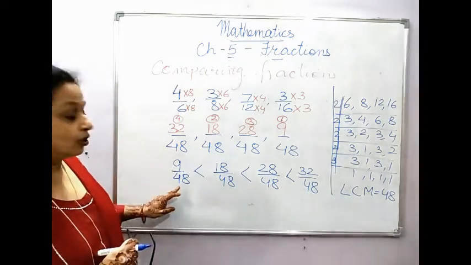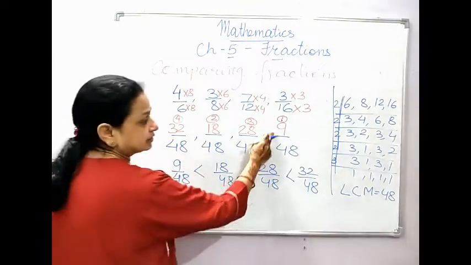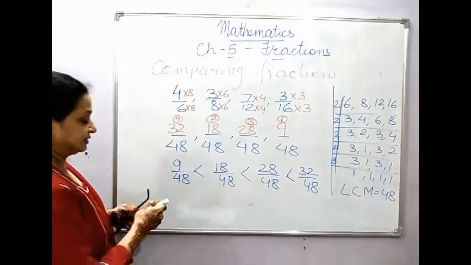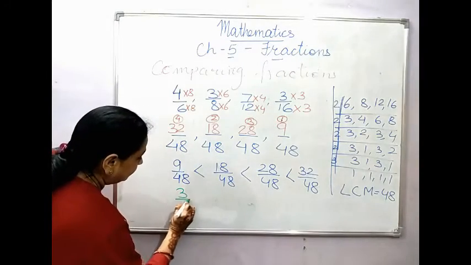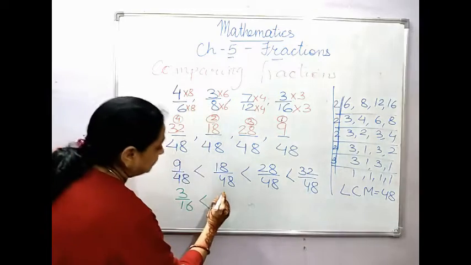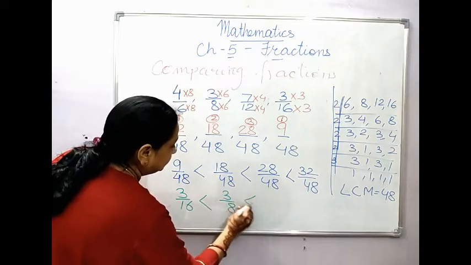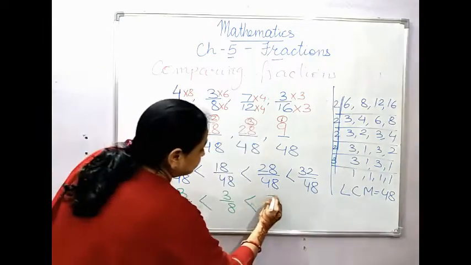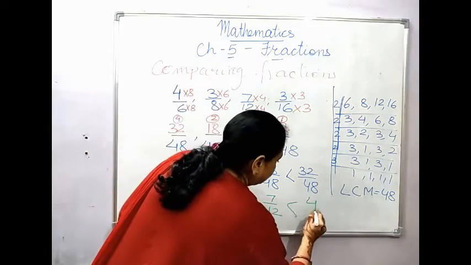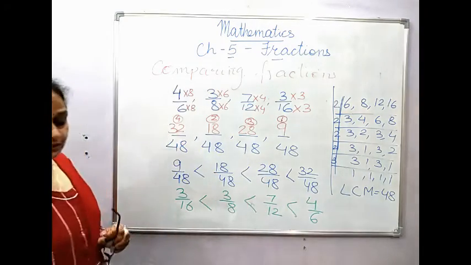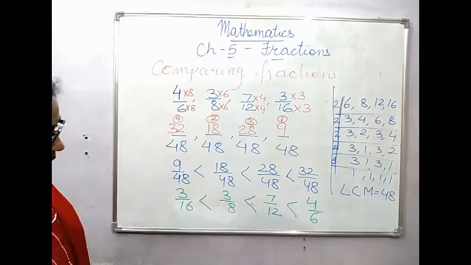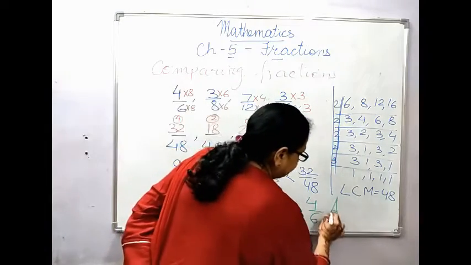You have to find out what the original sum was. This was the first one. So what was the original sum? It was 3 upon 16. Then next is 18. What was the original sum? 3 upon 8. Then third, 7 upon 12. And the last one is 4 upon 6. This is your ascending order. Look at it and try to understand it.